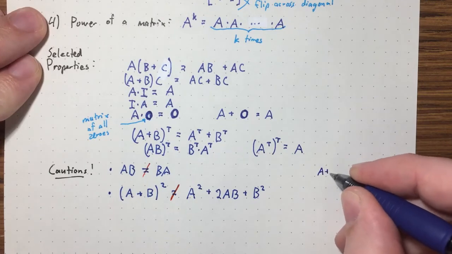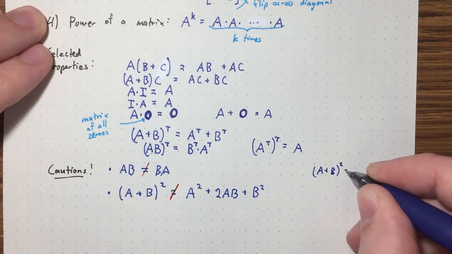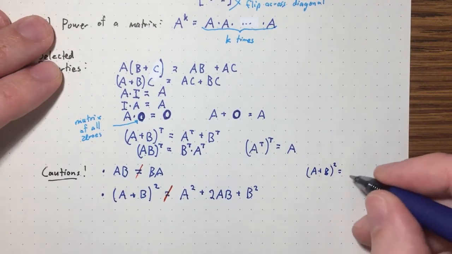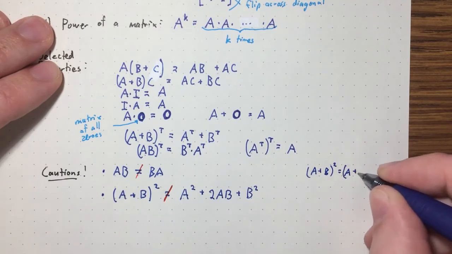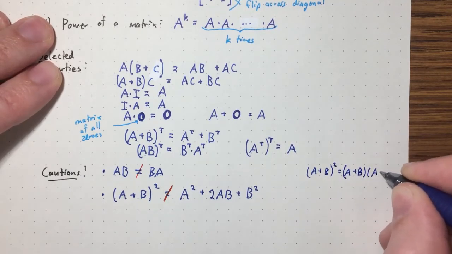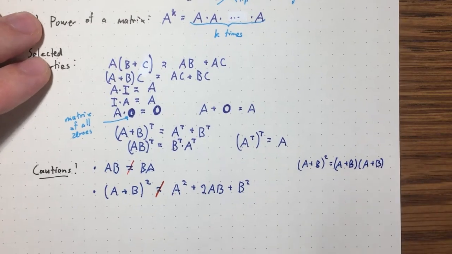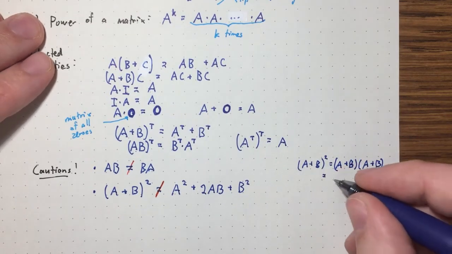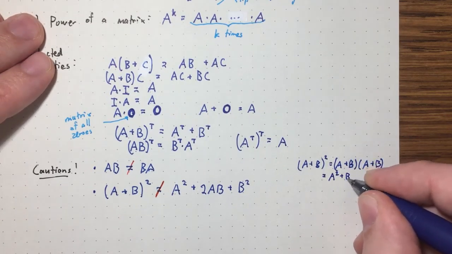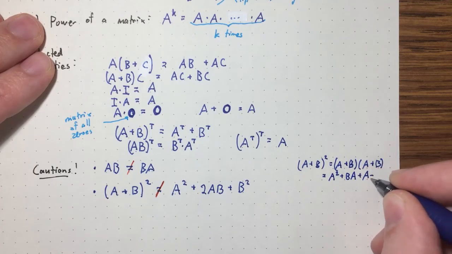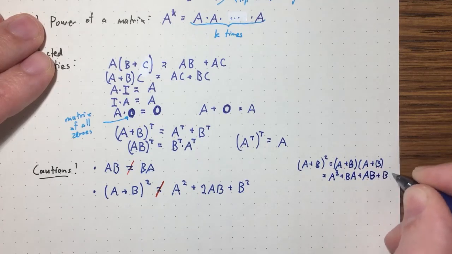However, it is true that A plus B squared, you can write that as A plus B times A plus B, right? It's just the definition of the power, which is A squared plus BA plus AB plus B squared.